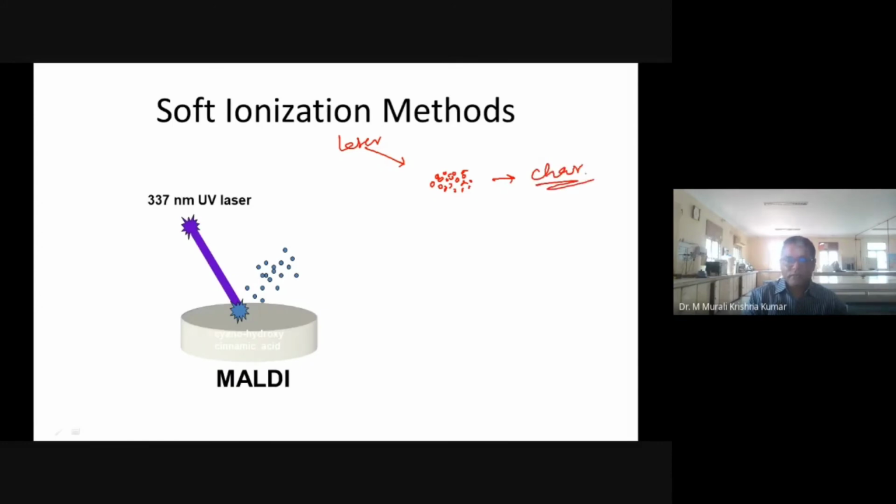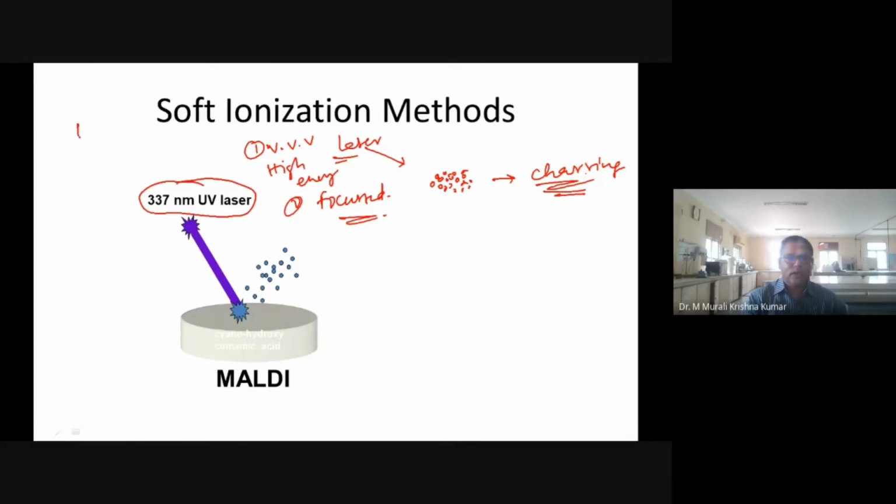The reason is that a laser is very high energy, and second, it is focused. So if this is the case, how can you reduce charring or control it? What laser are we using?